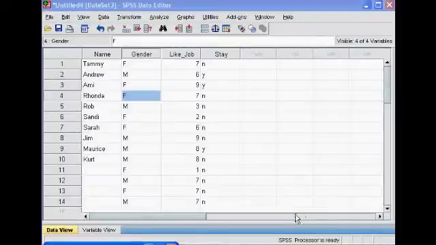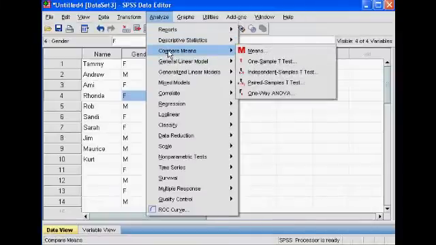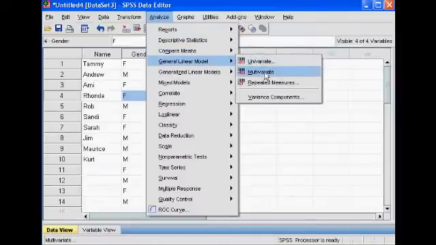Now that I have my data entered, I'm going to test my first hypothesis, namely that men and women differ in the mean ratings they give for how much they like their jobs. To do this, I'm going to go to the Analyze menu, and under Compare Means, I'll choose the Independent Samples t-test.